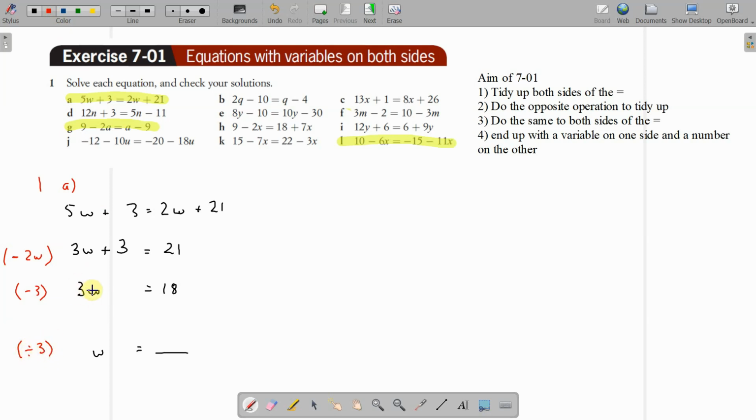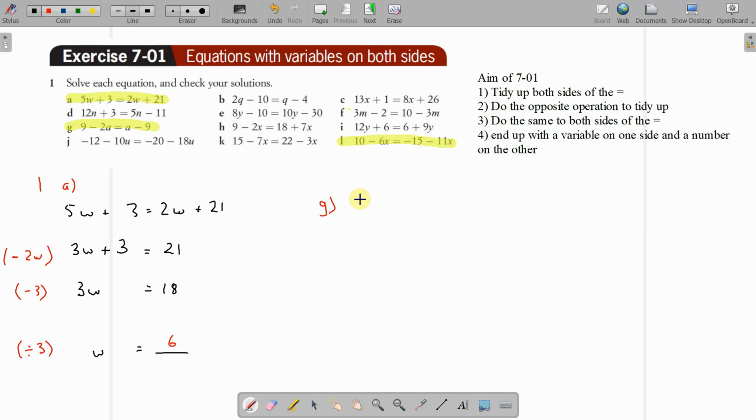We divide that coefficient 3 by 3, and 3w divided by 3 is w. Then we do the same on this side. 18 divided by 3 is 6. So there's 1a.